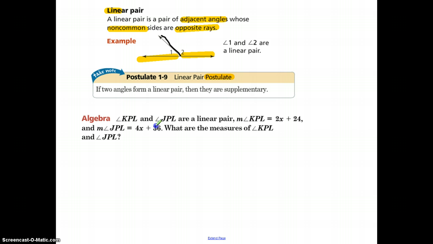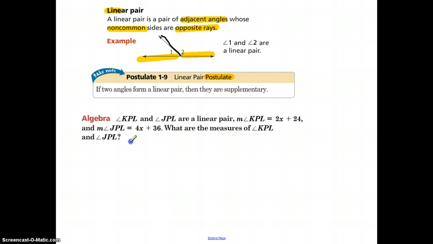Angle KPL and angle JPL are a linear pair. And we know the measure of angle KPL equals 2x plus 24. The measure of angle JPL equals 4x plus 36. And it asks us what are the measures of each of these angles.